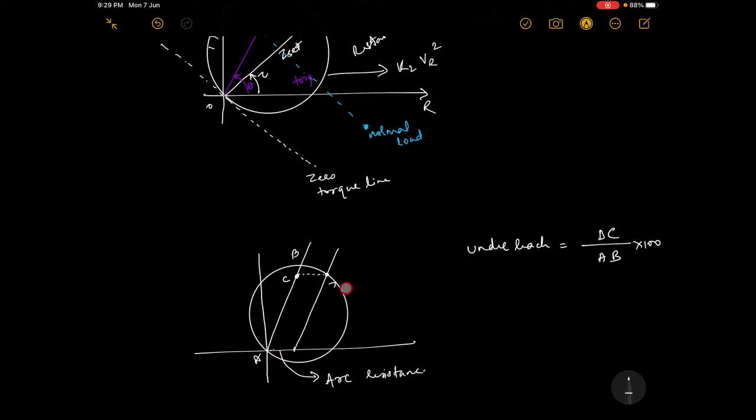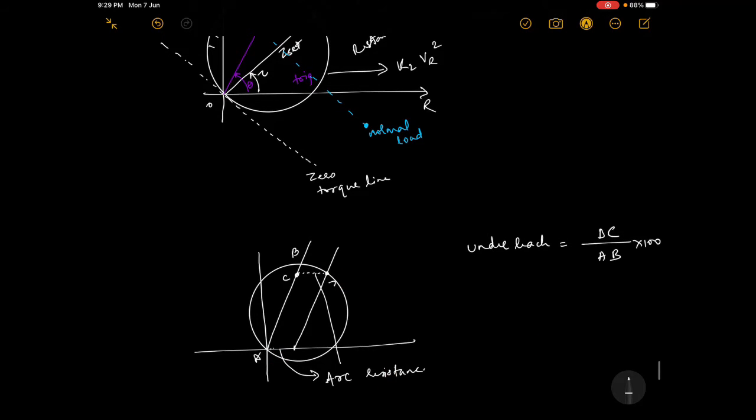Now it should have operated up to AB, but due to arc resistance it is operating only up to AC. So it is short by this much, BC, and that is the under reach.